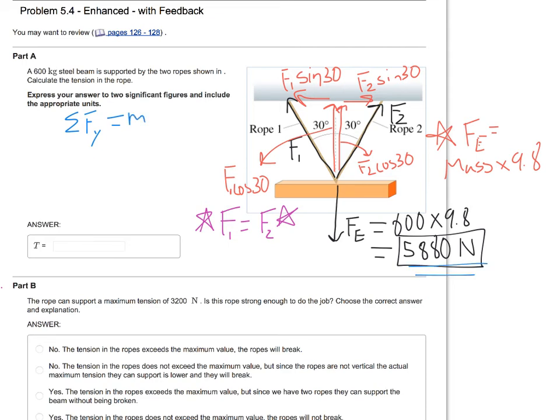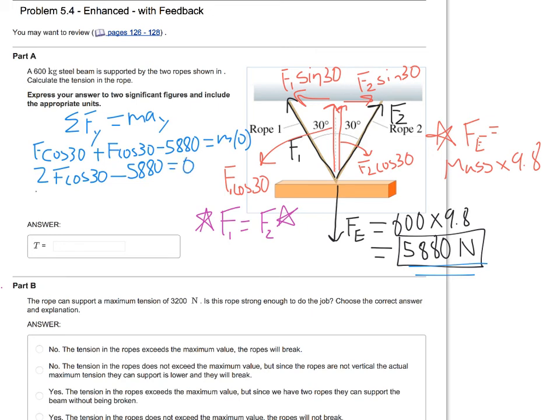So in the y direction, the sum of the forces equals ma. I'm just going to call the tension F: F cosine of 30 plus F cosine of 30 minus the force of the earth, 5,880, equals my mass times my acceleration, and my acceleration is 0 because this beam is just hanging here. So 2 times F cosine of 30 minus 5,880 equals 0, so 2 times F cosine of 30 equals 5,880.